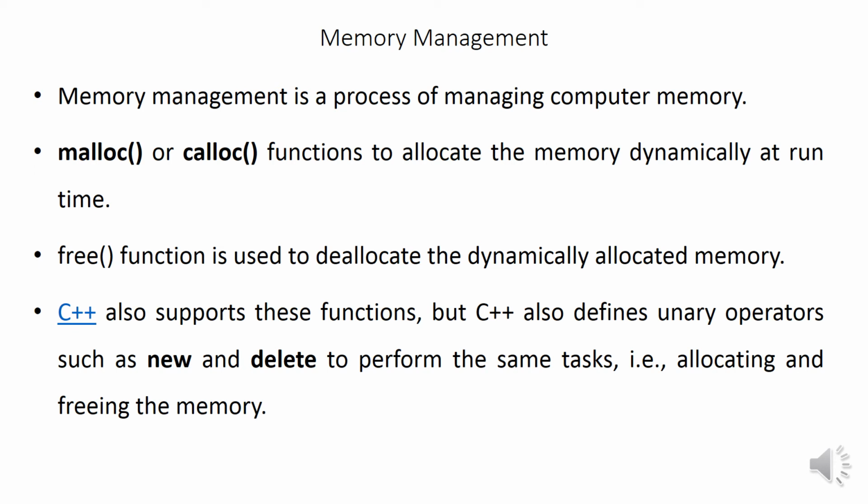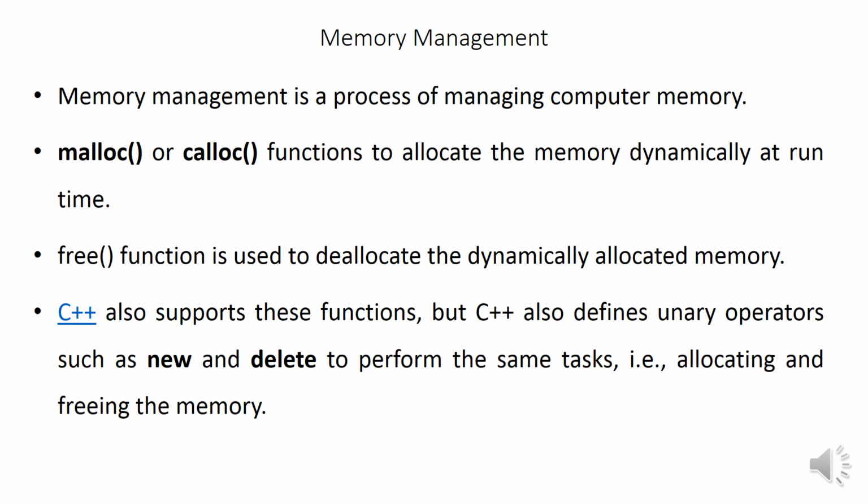So to avoid such situations, we declare an array with a maximum size, but some memory will be unused. So to avoid the wastage of memory, we use the new operator to allocate memory dynamically at runtime.